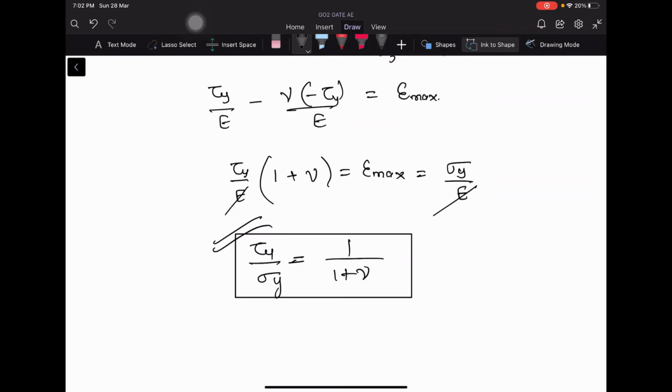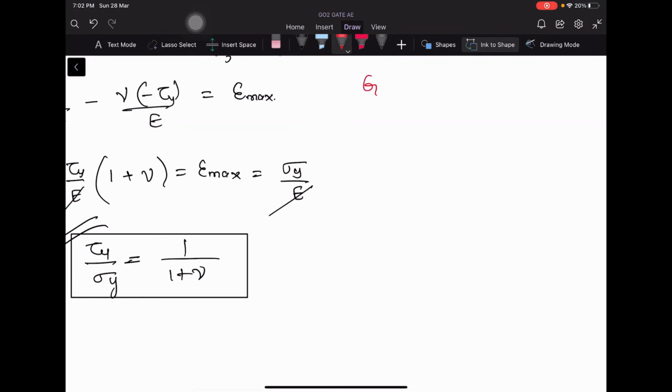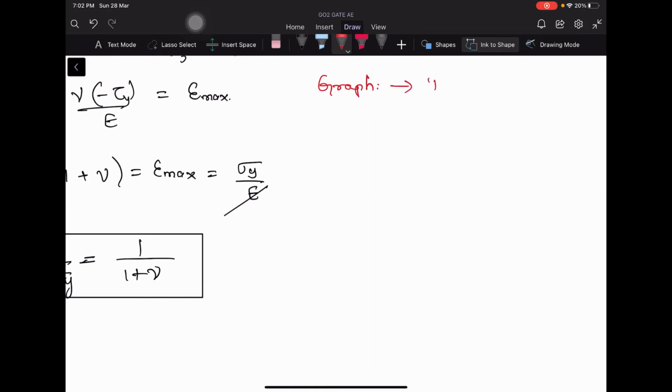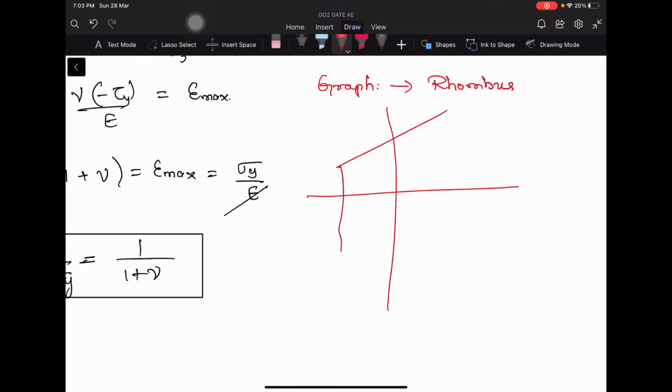So when it comes to graph, this theory has a rhombus shaped graph.